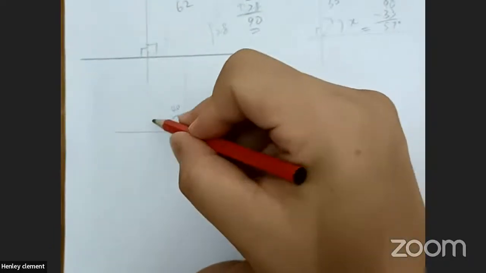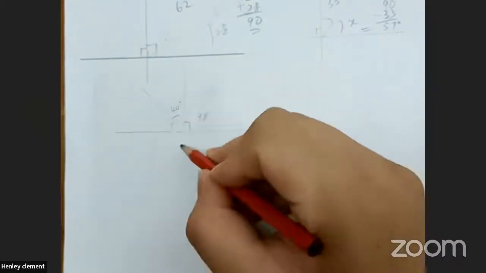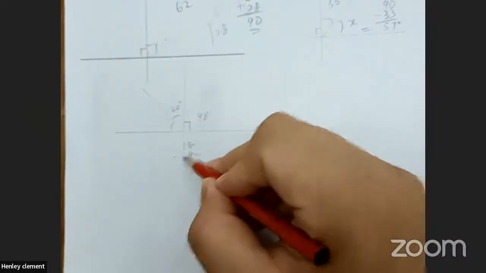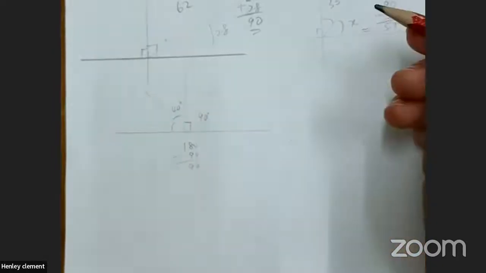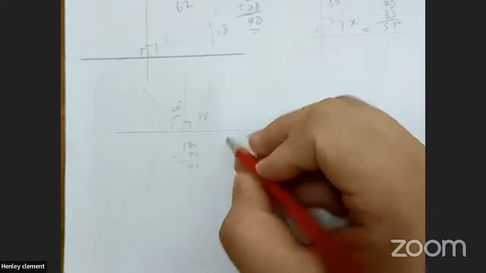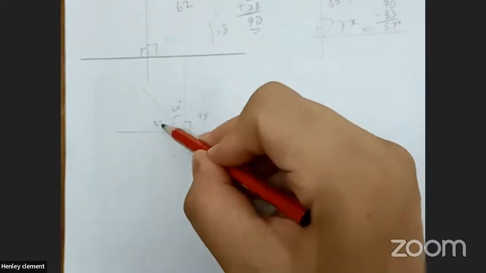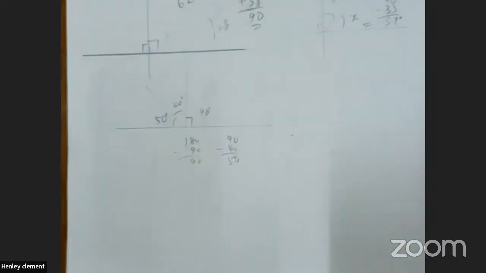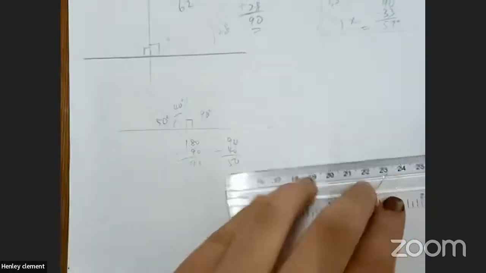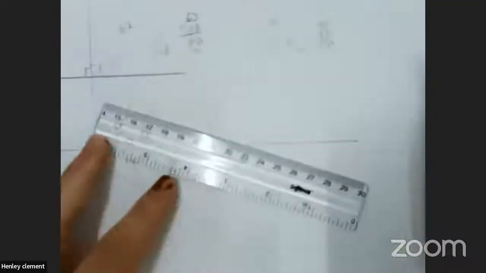And then you know this one must be, because this is 90, 180 minus 90, you get 90. So this part will be 90, another 90. And then 90 minus this 40, so I get remaining 50. So this is 50.